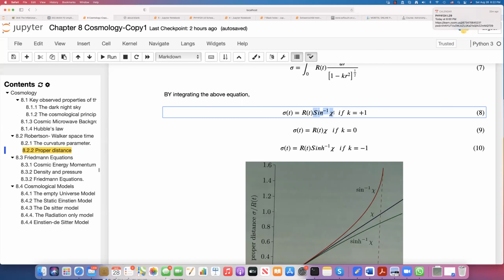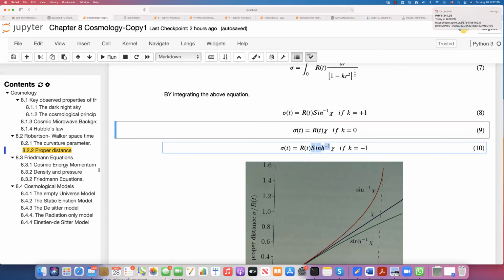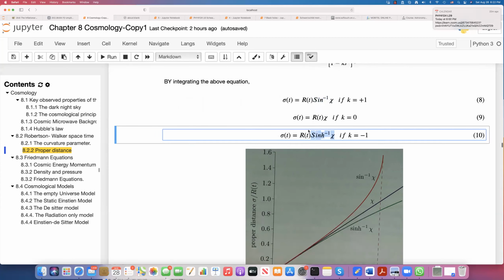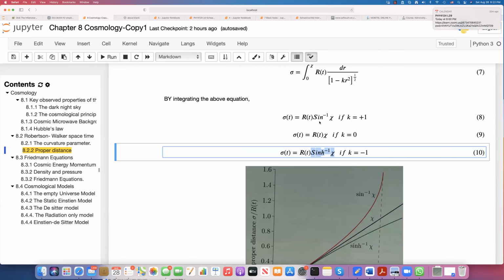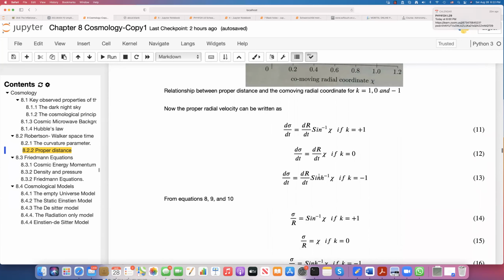So that sine inverse chi will be equal to sigma over R. And here also the chi will be equal to sigma over R. And here the hyperbolic sine inverse chi will be equal to sigma over R. And you can see that all three possibilities will give you the same expression for the sine inverse chi, the chi and the hyperbolic sine inverse chi, and that is written right here.